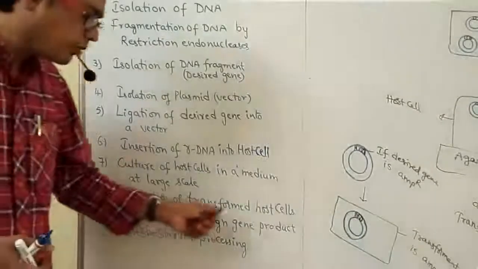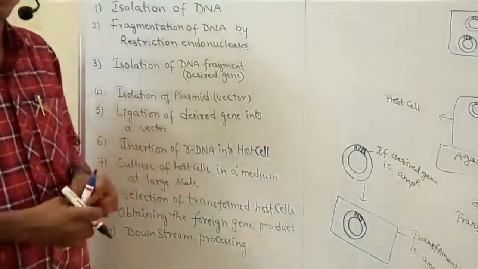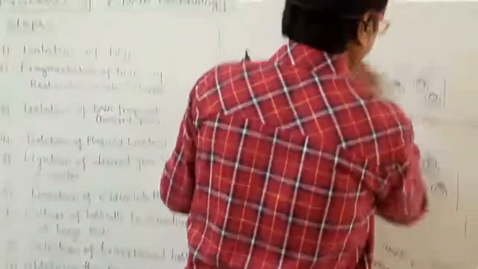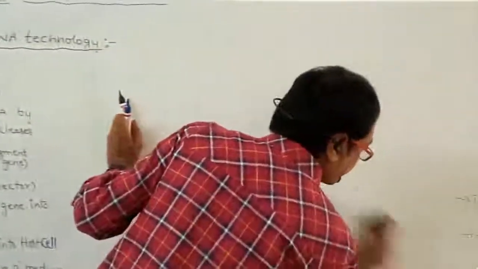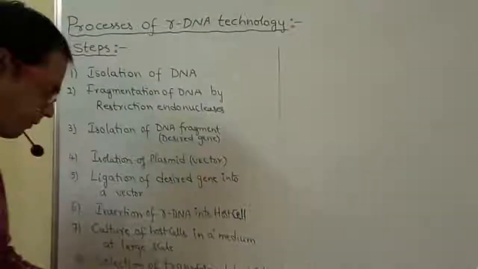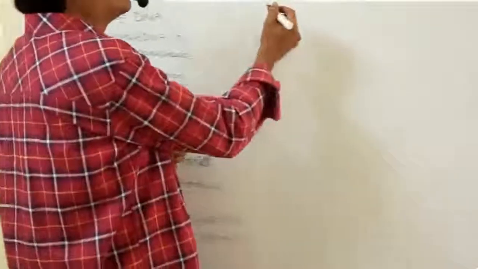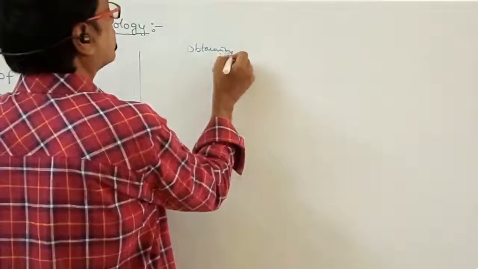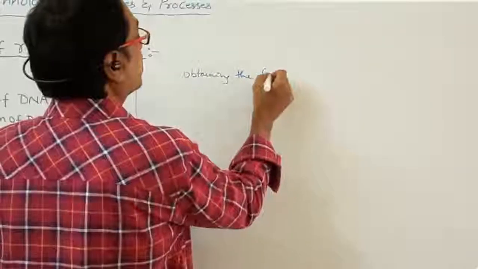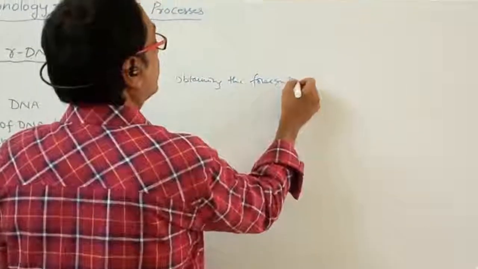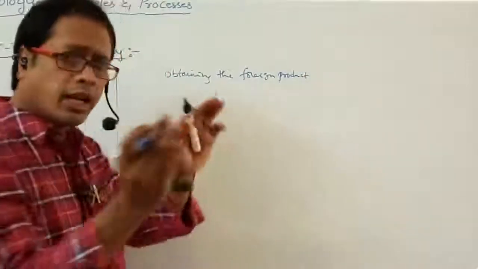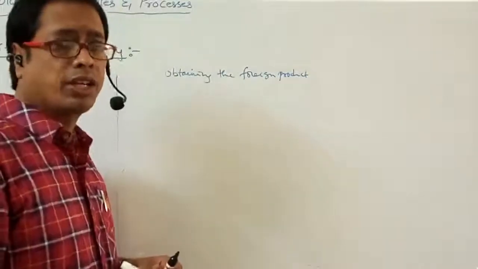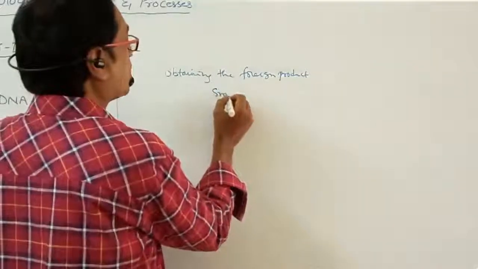Next, obtaining the foreign gene product. These transformants are placed in a test tube, that is in the laboratory, which means small scale production.